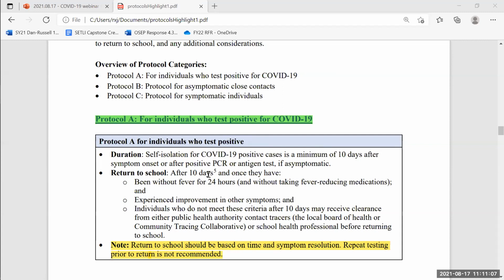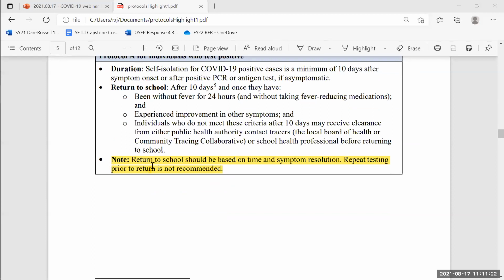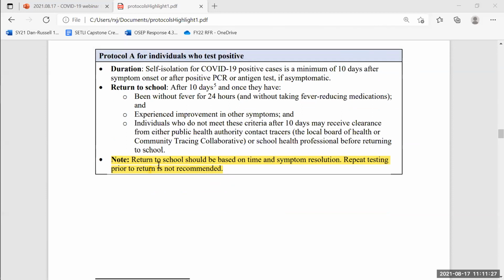So again, important to note that we are looking at a duration of 10 days after symptom onset or after a positive PCR or antigen test if asymptomatic. And what I really think is key about this, that I really remind myself of a lot, is that it is based on time and symptom resolution. So we want to see that there's an improvement in the symptoms. We want to see that we've gone those 10 days.